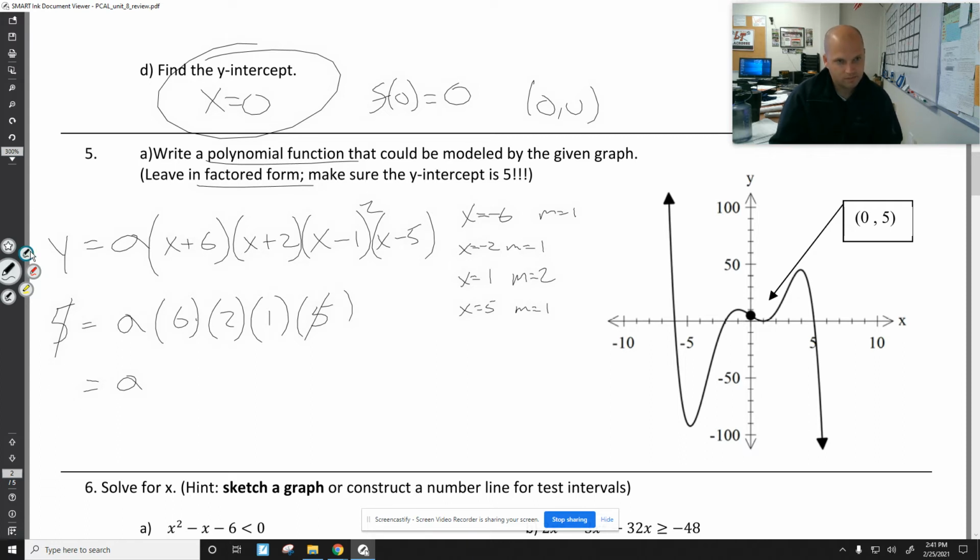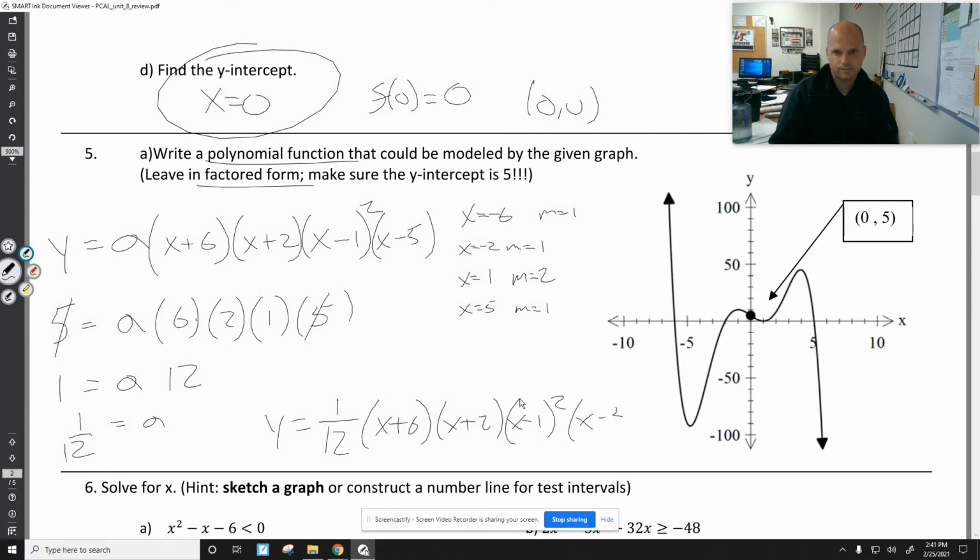You could have done all this out, but whatever. 1 equals 12a. A equals 1/12. Divide by 12. So y equals 1/12 times x plus 6, x plus 2, x minus 1 squared, x minus 5.